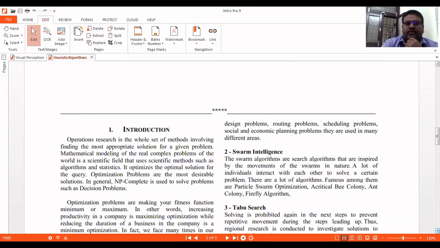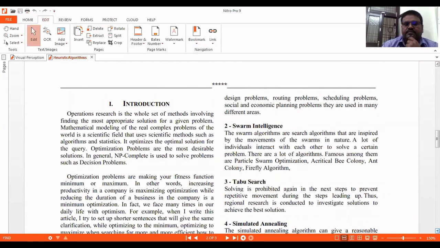Optimization problems involve a fitness function, minimizing or maximizing. In other words, increasing productivity in a company is maximizing optimization, while reducing the duration of business in a company is minimum optimization.